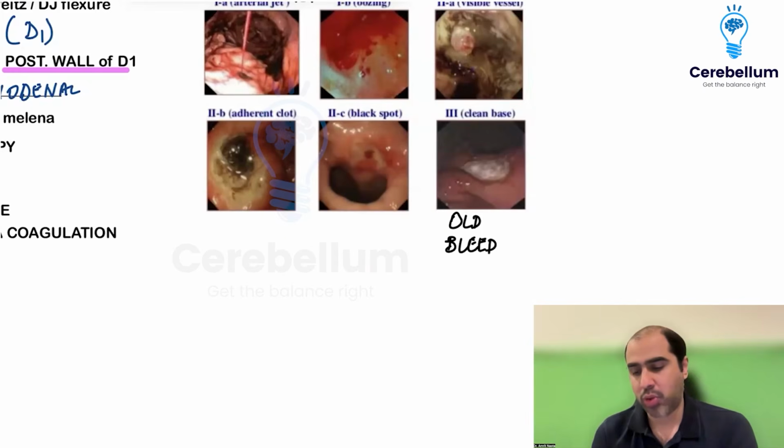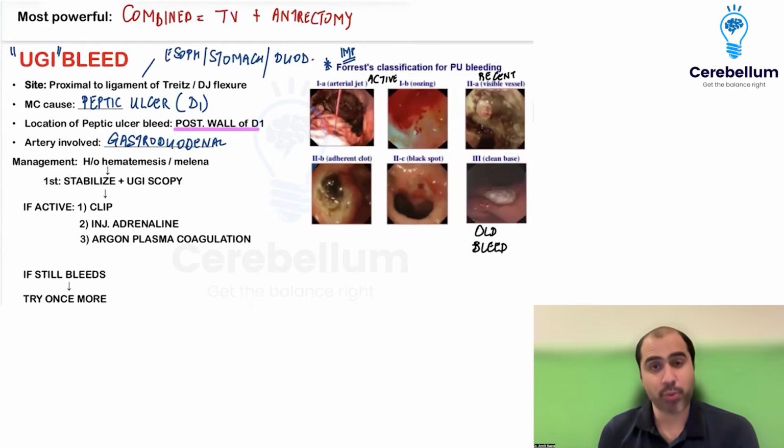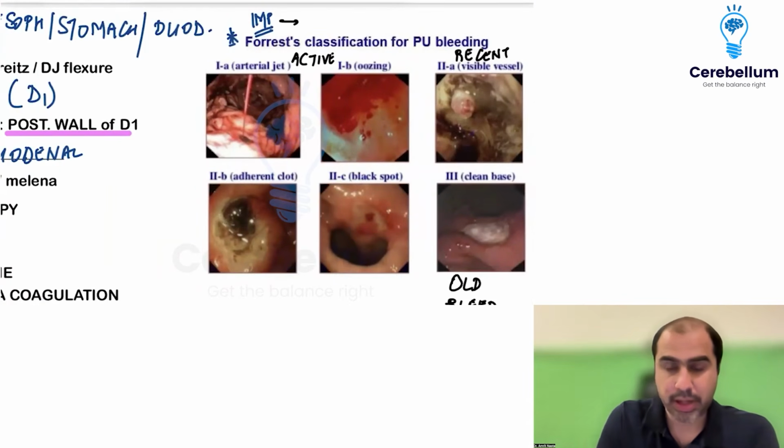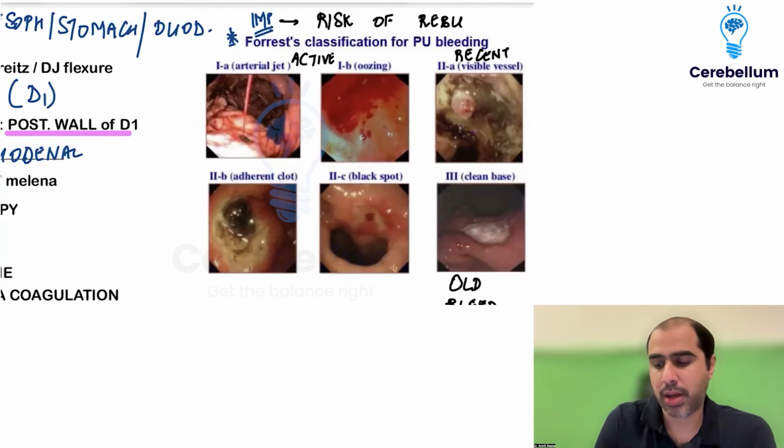Now, why do I need to know this Forrest grading, apart from it being important for exam? It tells me the risk of rebleed. If the person is 1A, 1B, risk of rebleed is very high.